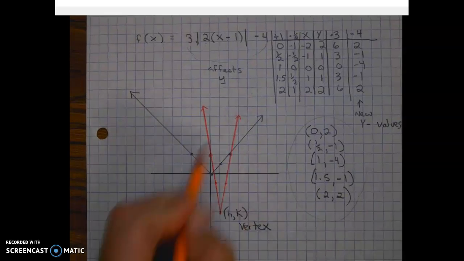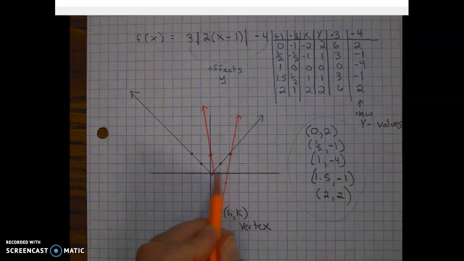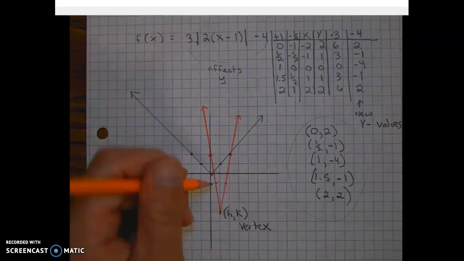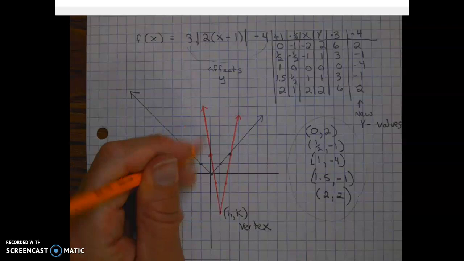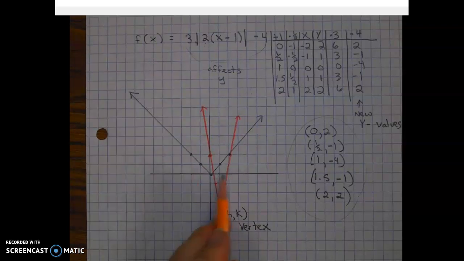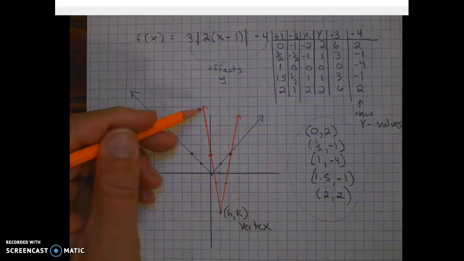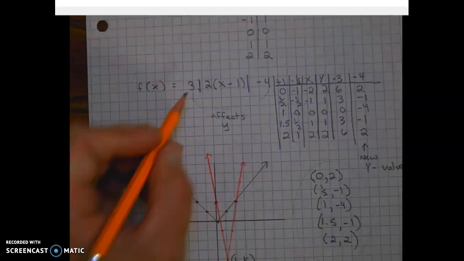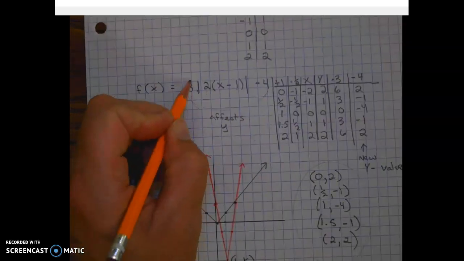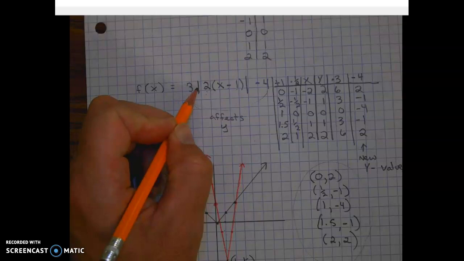Now the rest of this, why it's so narrow, or you might say so stretched, narrow horizontally, stretched vertically. Well, this 3 is what's causing it to stretch vertically.